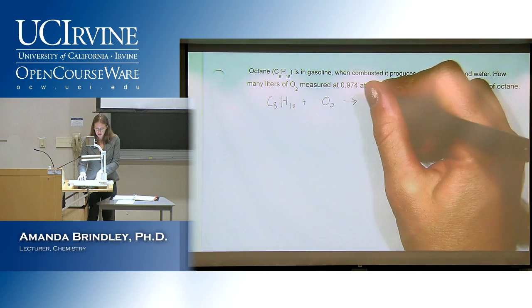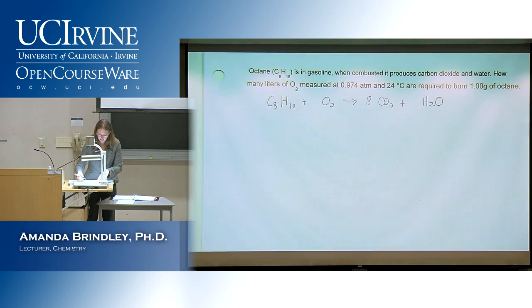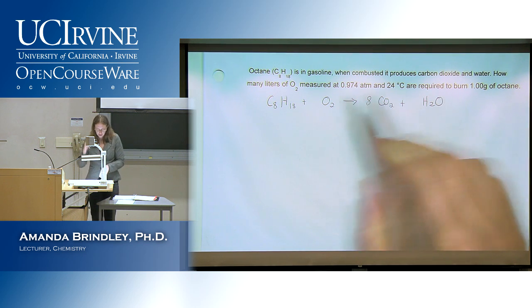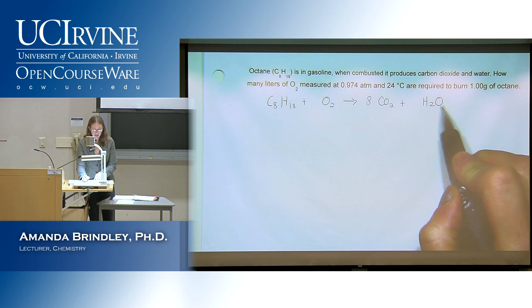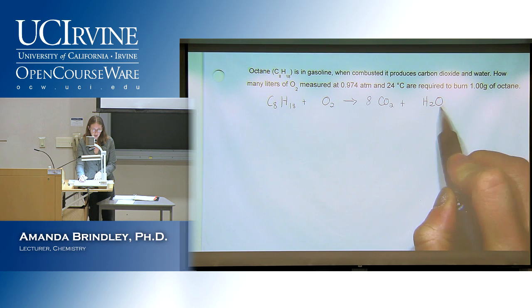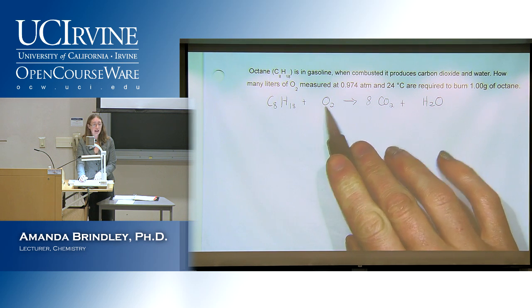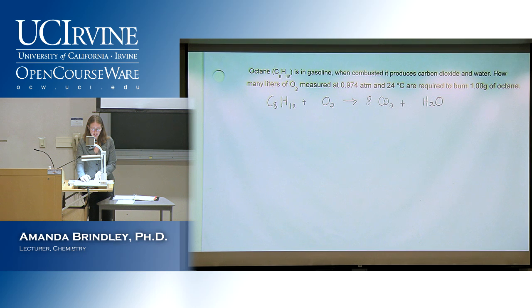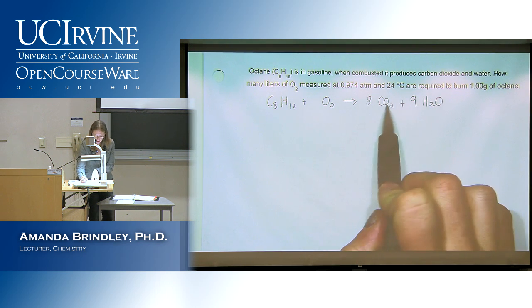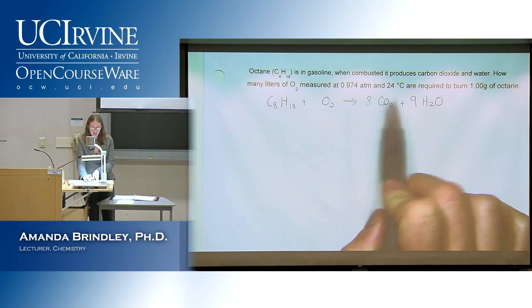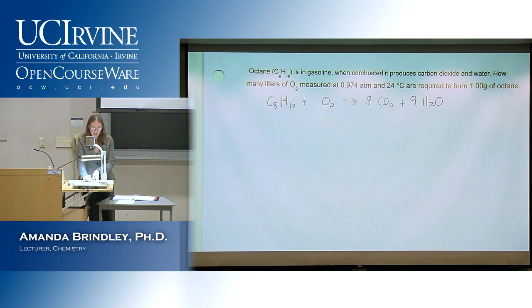So, this is always sort of a guess and check sort of thing. Probably if I looked at this right away, I'd say, well, let's put in 8 here and see if it works. And if we do that, we would have our 16 oxygens here. We know that there's no way that we can get an even number of oxygens. Well, actually, hang on. So let's go ahead and put like a 9 here, right? Because we balanced our 16, or 8 carbons.